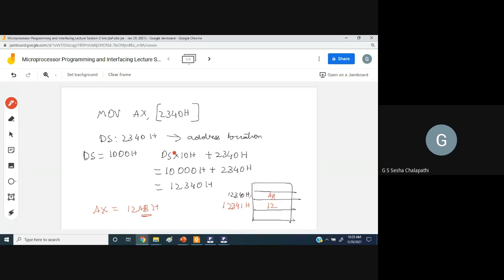AB goes to the lower byte of AX, and 12 goes to the higher byte of AX. So this is called little endian format.